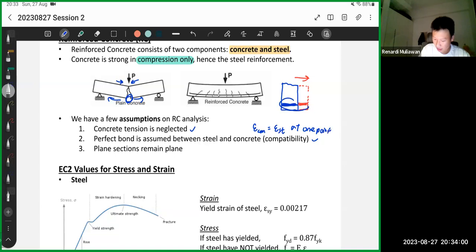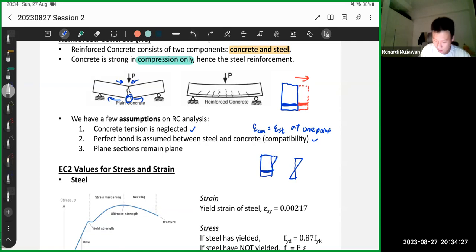Let's say we have bending. If you have bending, the strain would look something like this. The upper part is compression, the bottom part is tension. So the concrete will expand like this. It's a bit hard to visualize.